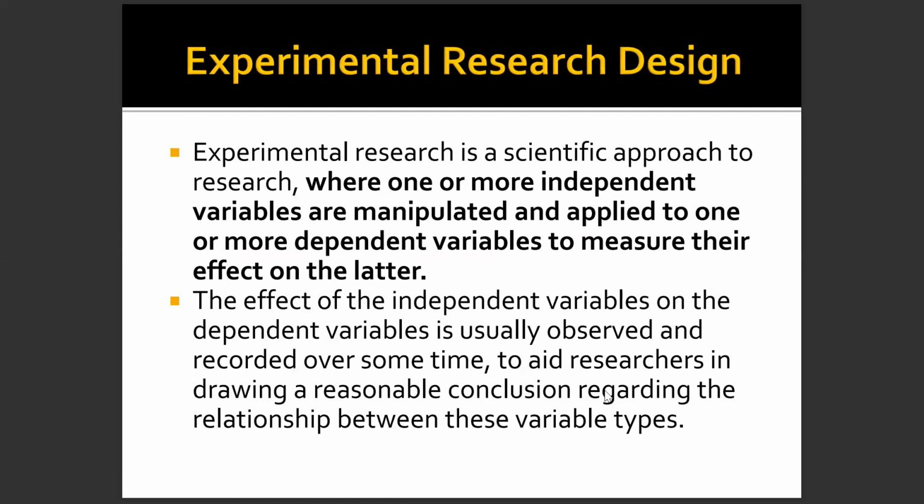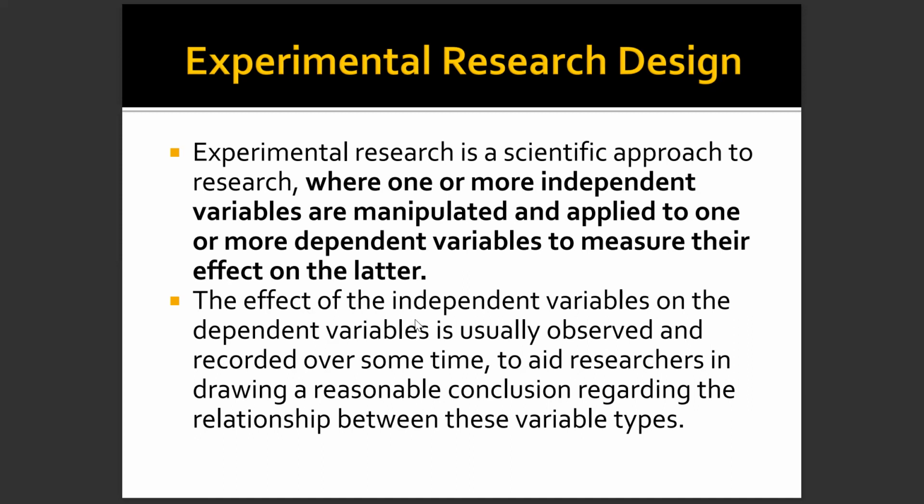So first is experimental research design. Experimental research is a scientific approach to research where one or more independent variables are manipulated and applied to one or more dependent variables to measure their effect on the latter. Take note, we need to manipulate these variables to make it experimental.